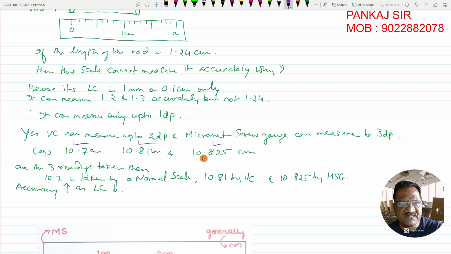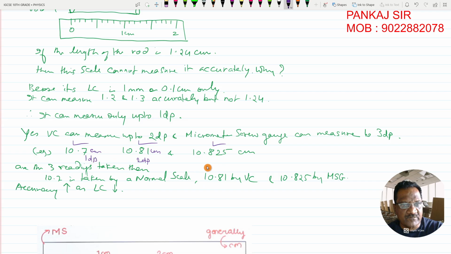Now what you can say from this is the length of 10.7 centimeter has less accuracy because it is giving you the reading only up to 1 dp, right? 10.81 is slightly more accurate compared to 10.7. Why? Because you can see there are two decimal places after the decimal point. So this is a reading of up to 2 dp. This is 1 dp, right?